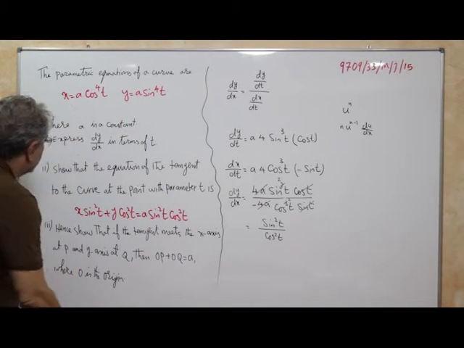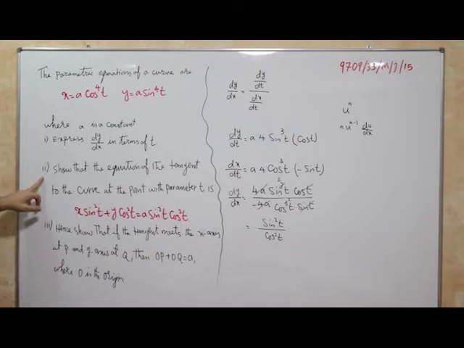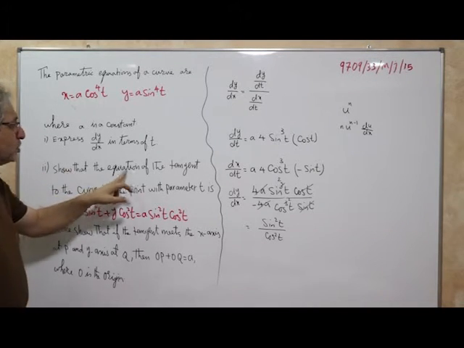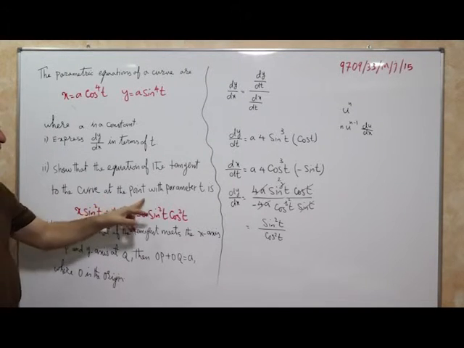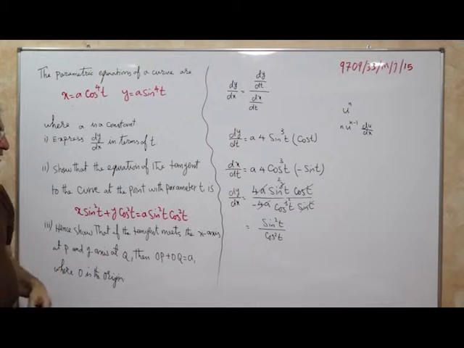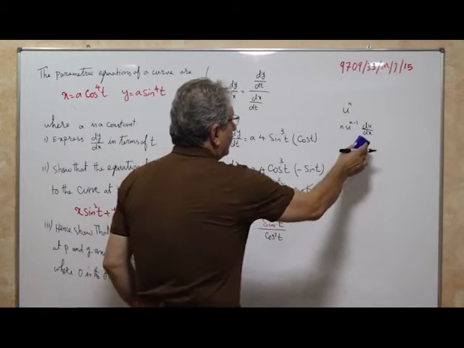Now the second part is asking to show that the equation of the tangent to the curve at the point with the parameter t is this. Therefore we have to find the equation of the tangent to the curve.